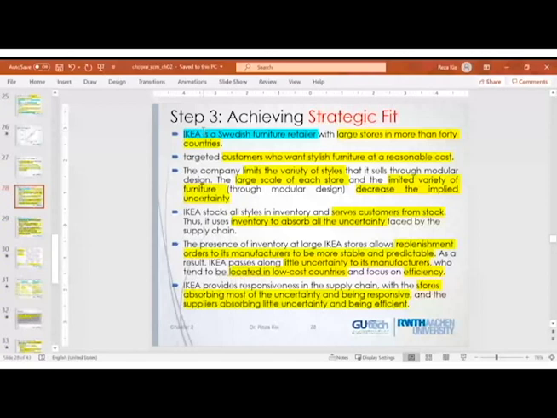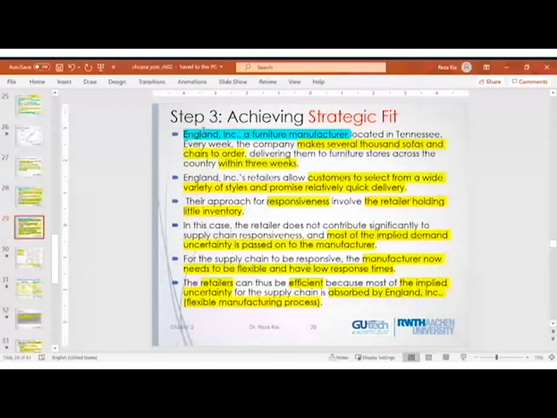So on the manufacturing side, they should be more efficient rather than responsive, because they are absorbing less uncertainty. As another example, England Incorporated is keeping a low level of inventory in the retailers. So to address the uncertainty coming from the customer, you should have a responsive manufacturing site.